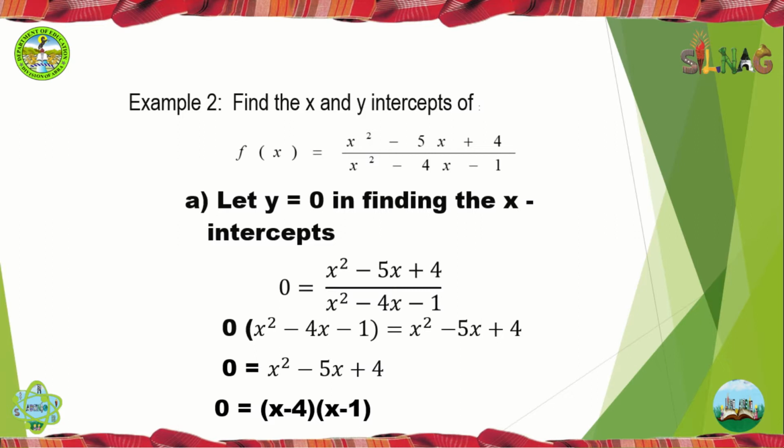Then 0 times the quantity x squared minus 4x minus 1 at the left side is equal to 0. Then we just copy the right side as x squared minus 5x plus 4. To solve for x, we factor the trinomial x squared minus 5x plus 4 as the quantity x minus 4 times the quantity x minus 1.